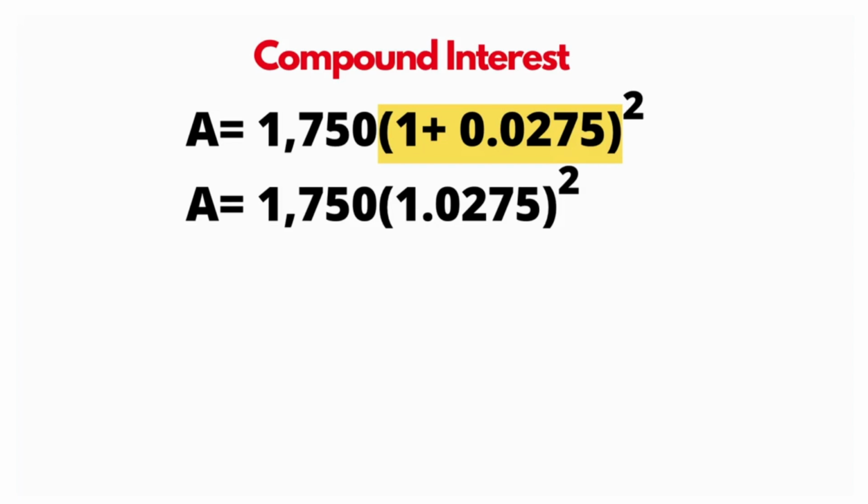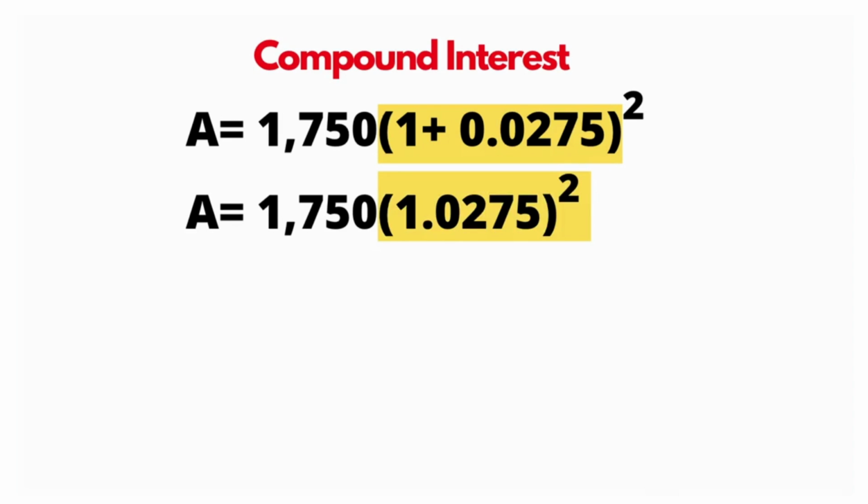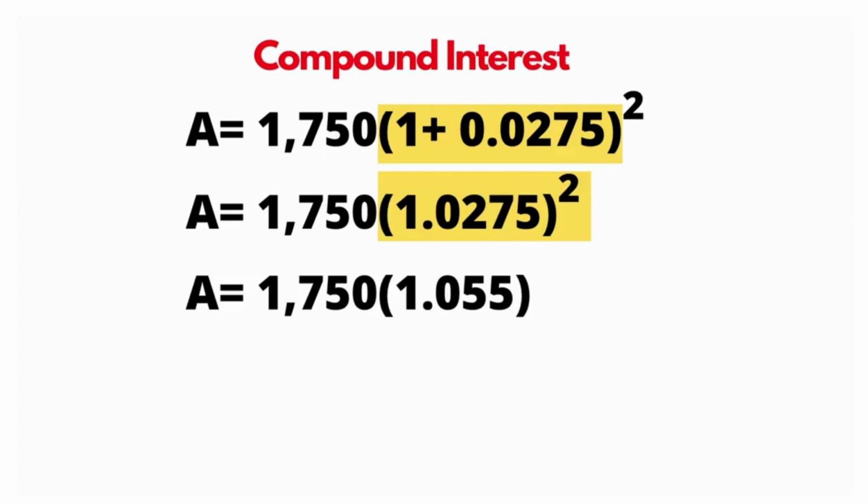Now we have our parentheses out of there, so we have to do the exponents. When we do the exponents, we take that value times itself. If you use your calculator, you can place that value in, multiply it by itself, and you'll get 1 and 55 thousandths.